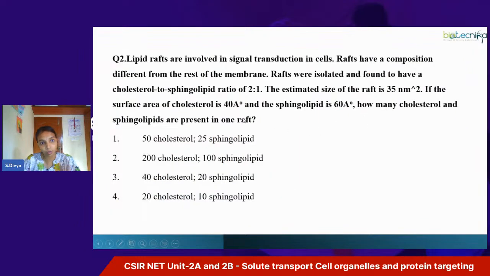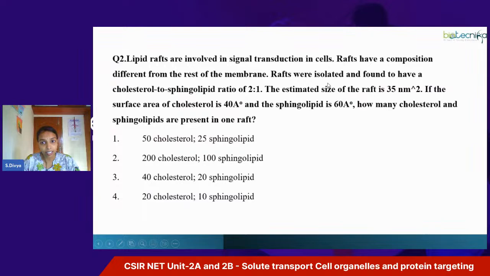Next, this was also a kind of numerical question, not asked recently. It was asked a long time back. Lipid rafts are involved in signal transduction in cells. Rafts have a composition different from the rest of the membrane. I guess you might be aware of the difference.